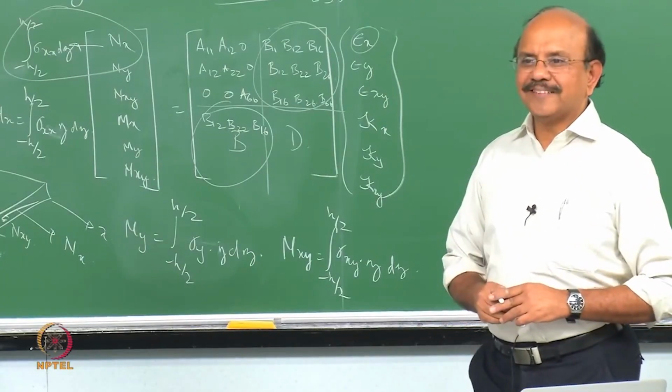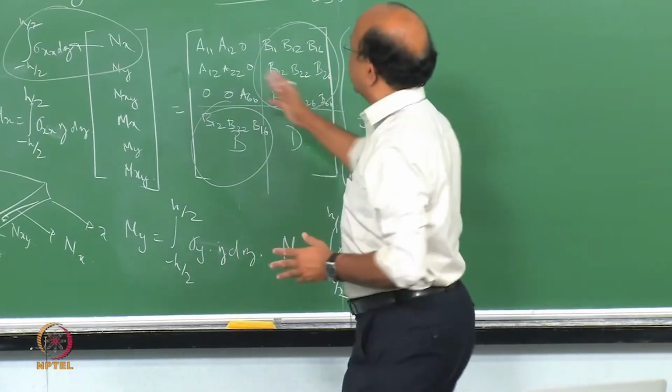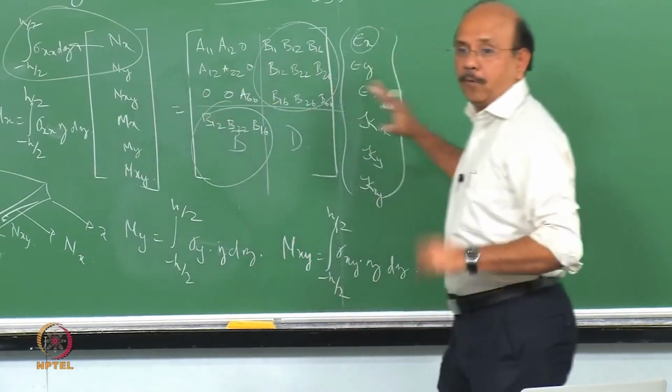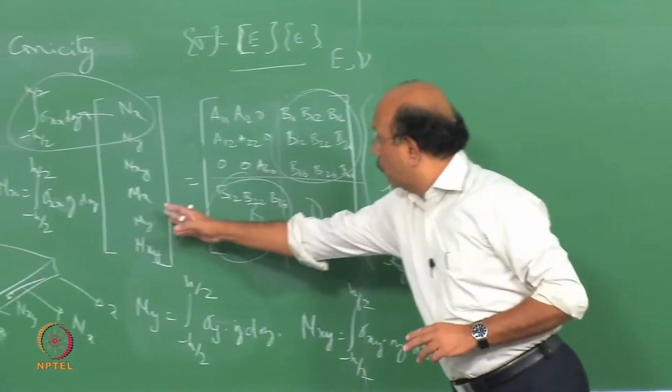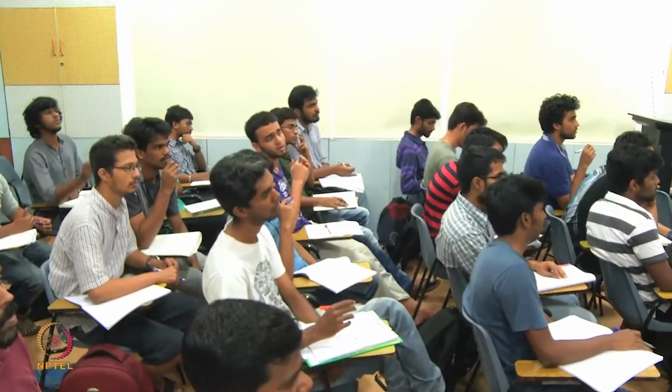Elongation also gives a moment with force. Correct. So, in other words, there is a coupling between the two, in the sense that elongation also gives a moment, or shear gives a moment, Mx. Vice versa. Of course, because that's how the matrix is populated.